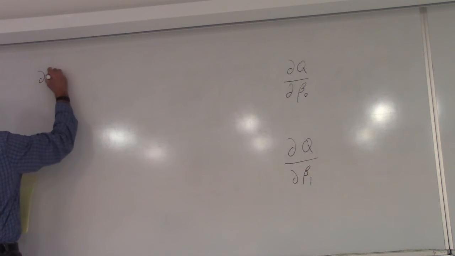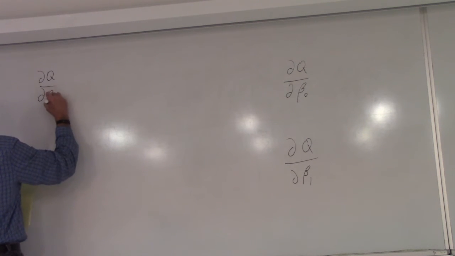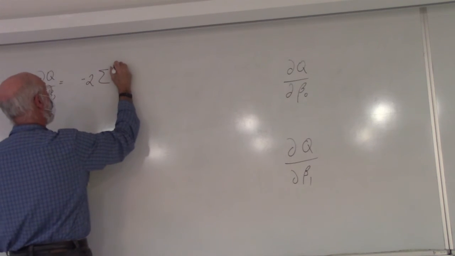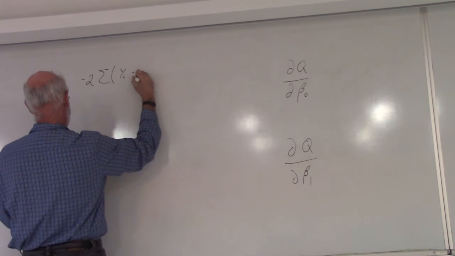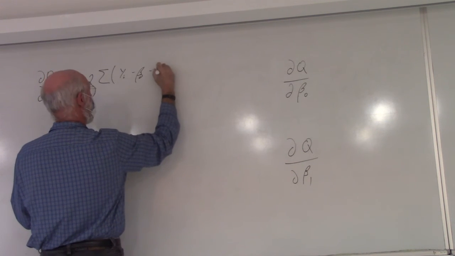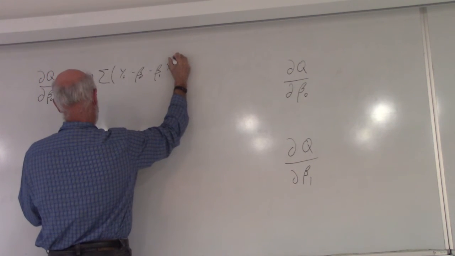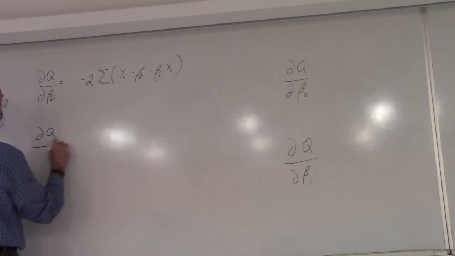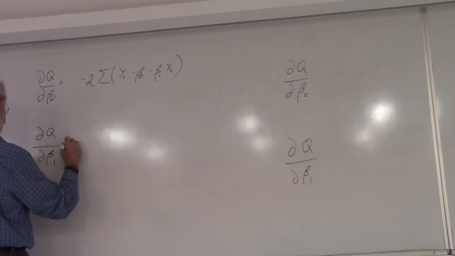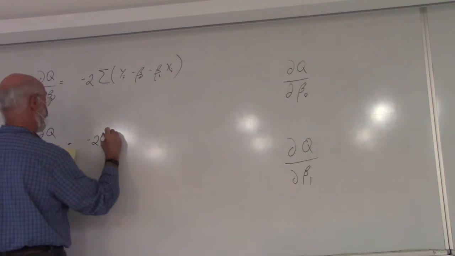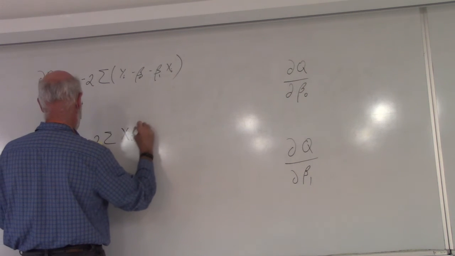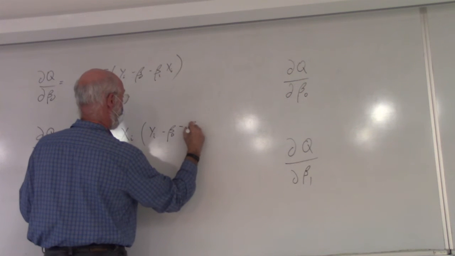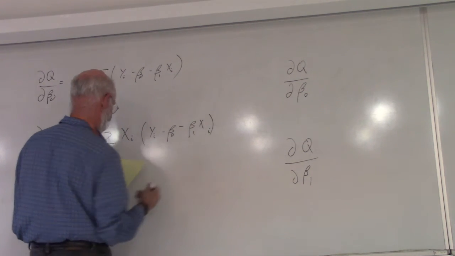So we have ∂q/∂beta 0, and that's equal to minus 2 times the sum of yi minus beta 0 minus beta 1 xi, like that, and ∂q/∂beta 1 is equal to minus 2 times the sum of xi times yi minus beta 0 minus beta 1 xi, like that.